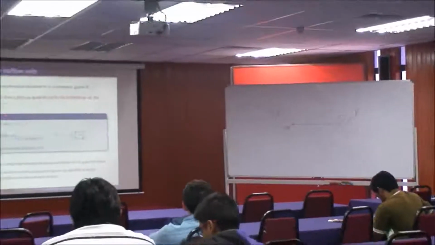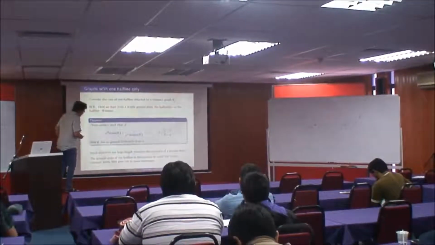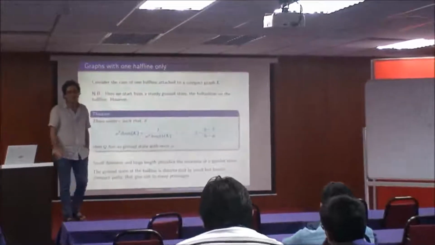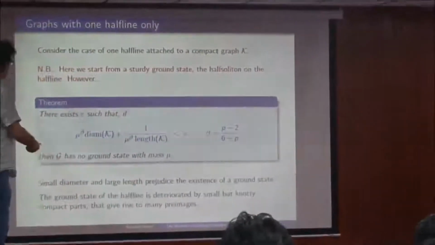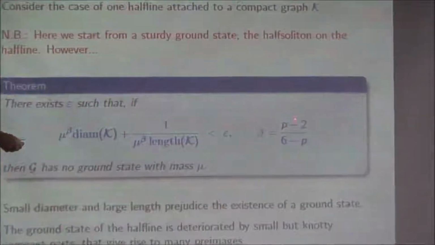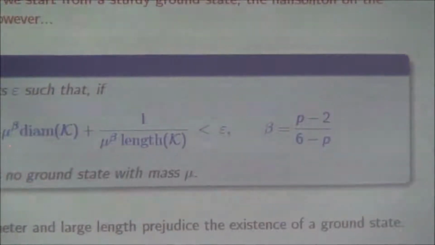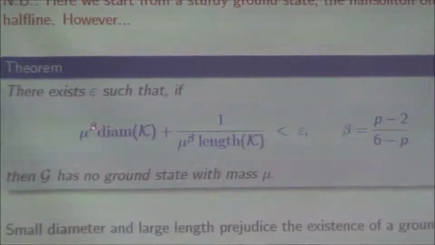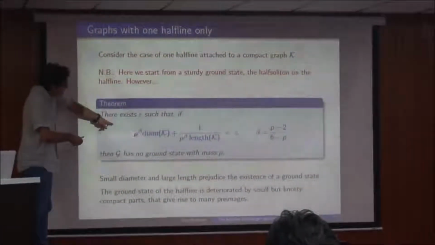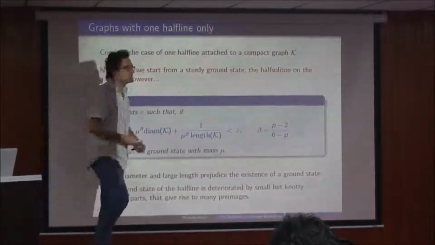And this is the basic theorem, the basic estimate, which is the following. Given a graph G, there exists a pure number epsilon, such that, for a nonlinearity p, there is this coefficient beta defined like that, such that, fixing the mass, if this quantity, the mass to the power beta times the diameter of K. What is the diameter of K?